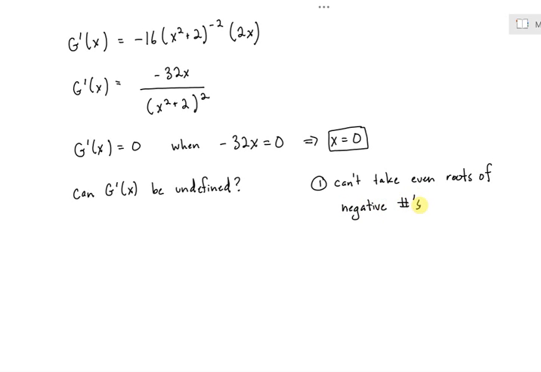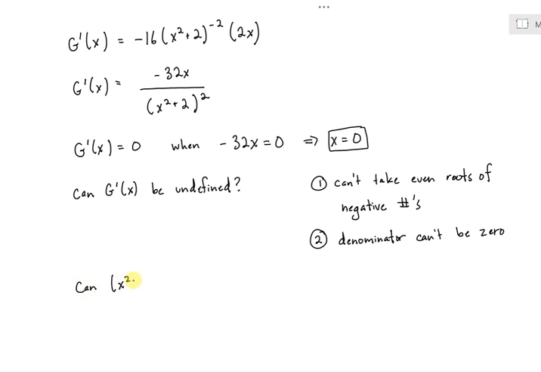Well, I don't see any roots, so I think we're okay. And the second rule for domains and things like that is that the denominator can't be 0. We do have a denominator, so let's see if it can be 0.